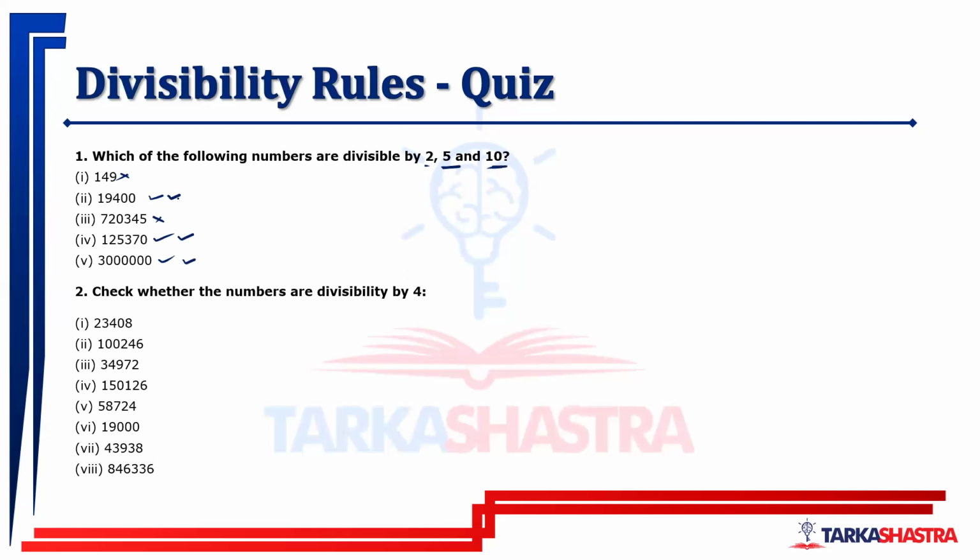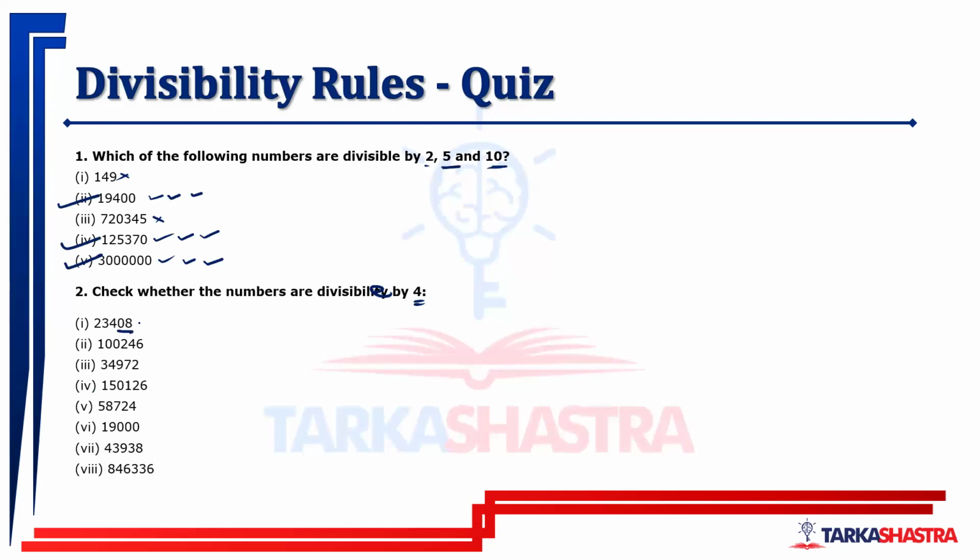Is this divisible by 10? Yes, this is divisible by 10, divisible by 10, divisible by 10. So the numbers divisible by 2, 5 and 10 are the second, fourth and fifth.